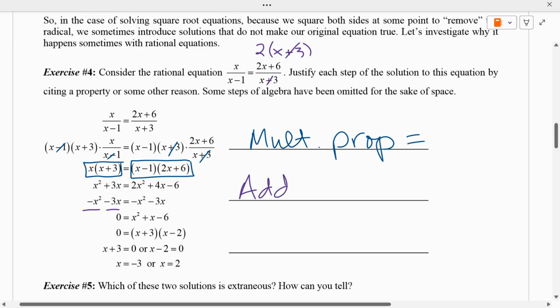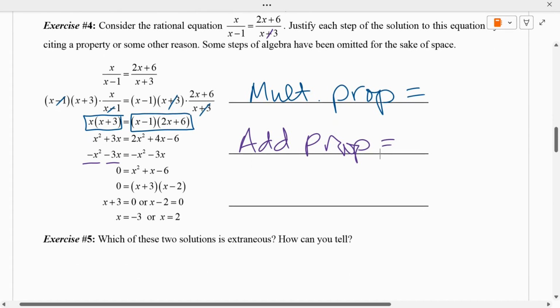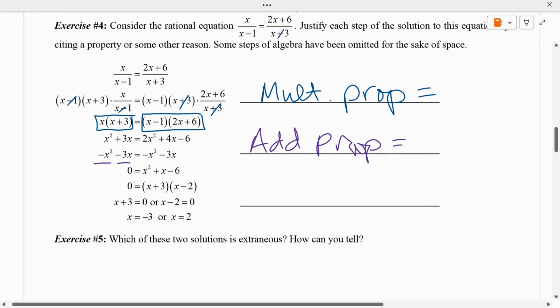Subtracting the same amount or adding a negative is the addition property of equality. Lastly, I have my two factors, x plus 3 and x minus 2. I set them equal to 0 and solve for my roots. Remember, when you set your factors equal to 0 and solve, this is the zero product property.